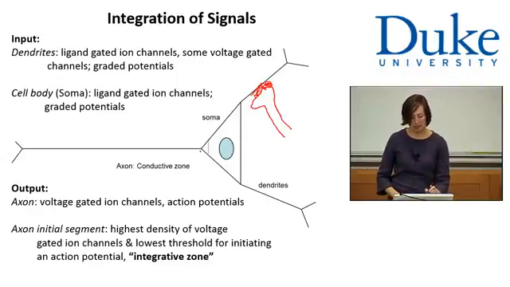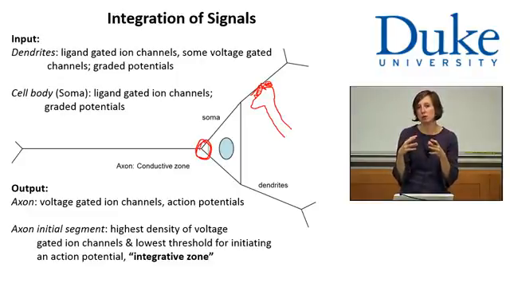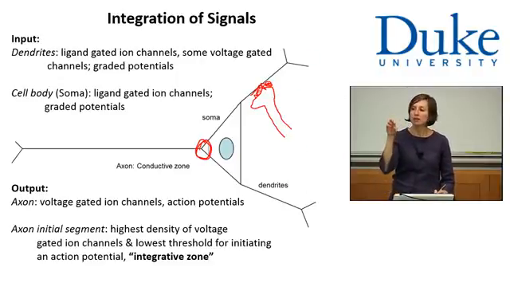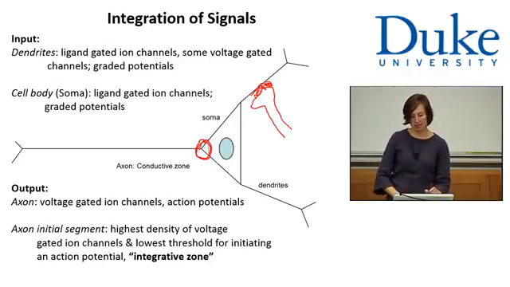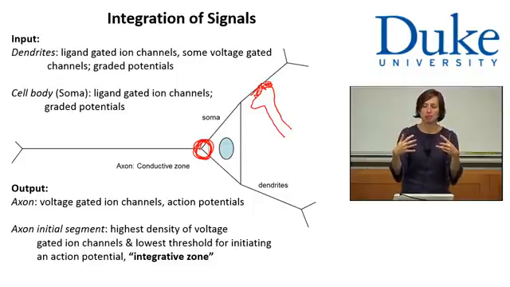And specifically, right here at the initial segment, where that axon is meeting the cell body, is where you're going to have a super high concentration of these voltage-gated channels, so that if whatever's happening with the dendrites or the cell body with the forming graded potentials is great enough to get this little spot above threshold. Now remember, they're going to decay over time and space and be proportional to the stimulus, but if they're great enough, then we will cause an action potential.